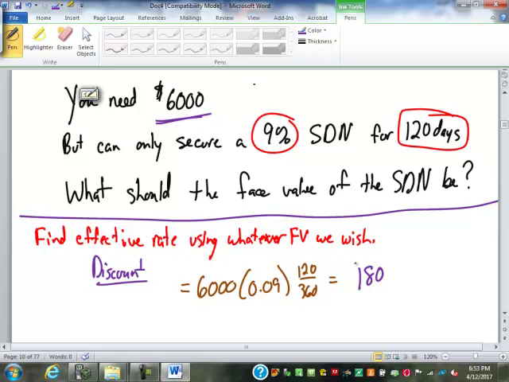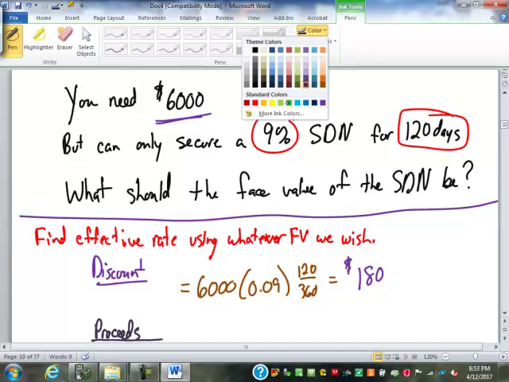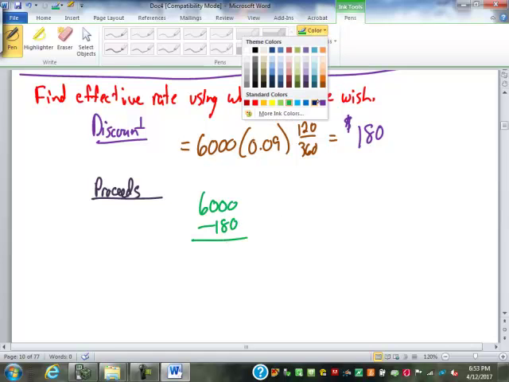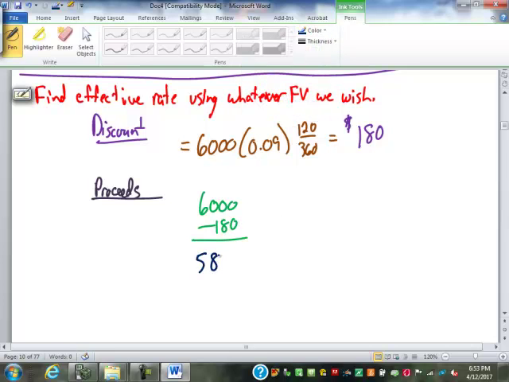It's a discount. So our proceeds is going to be the 6,000 minus 180, which will be $5,820.